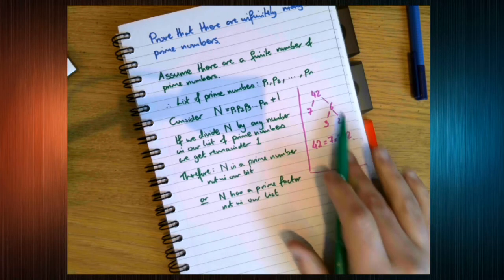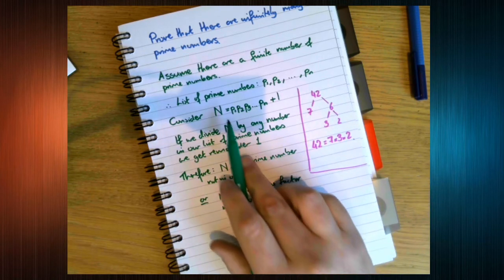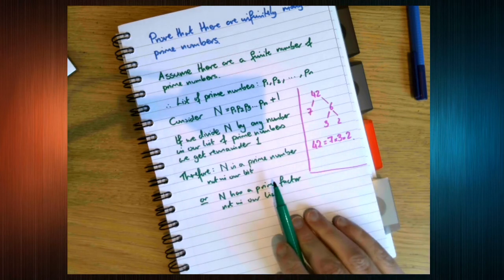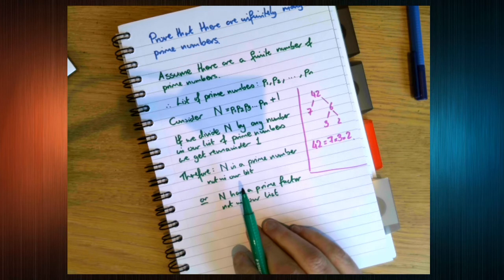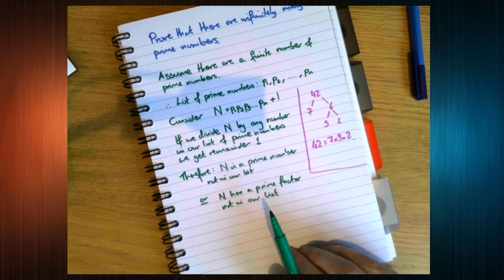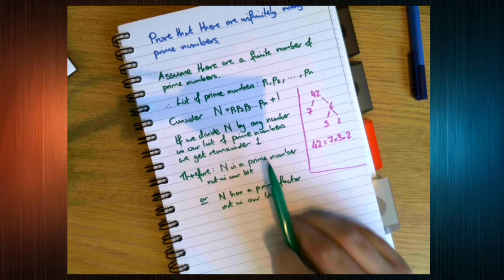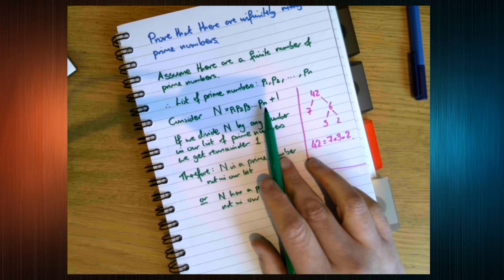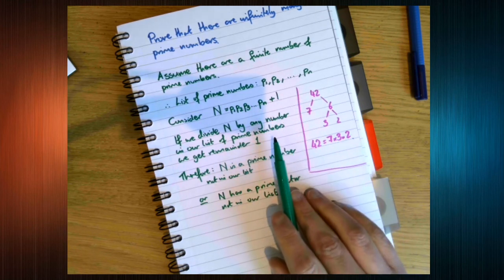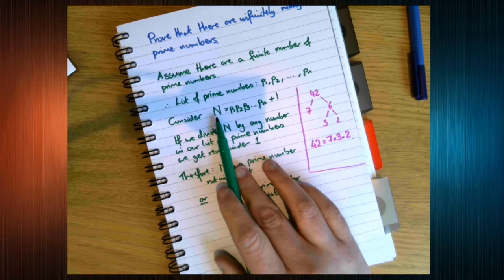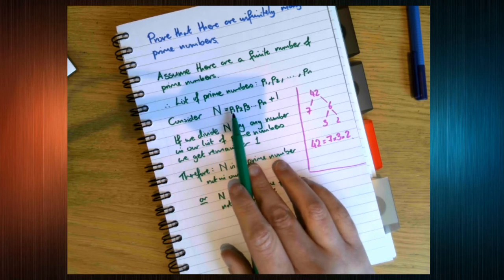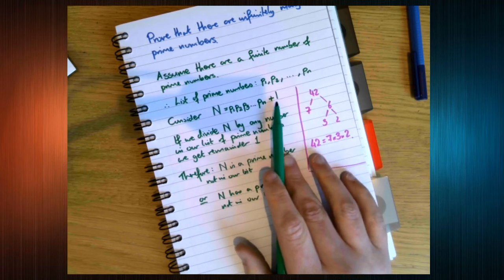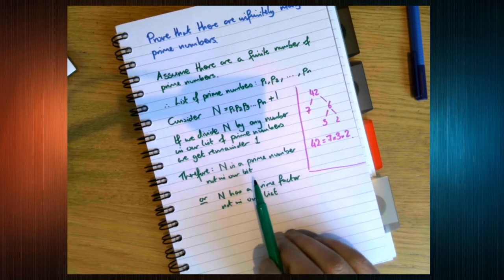Because of this idea of prime factorization, n has to be able to be written like we wrote 42, because it's an integer, and every integer works that way. So if it can't be divided by any of these prime numbers to give us a whole number, then either it's a prime number, or there's some number that we didn't write down that gives us no remainder when we divide.